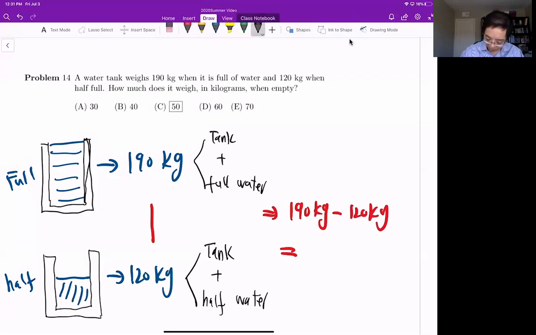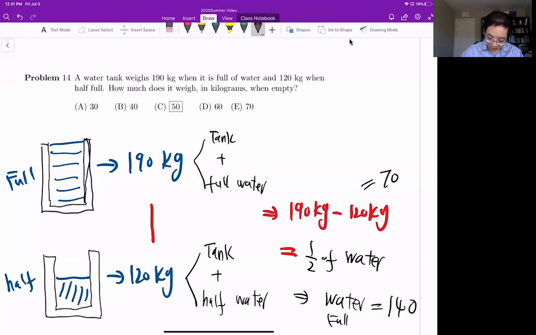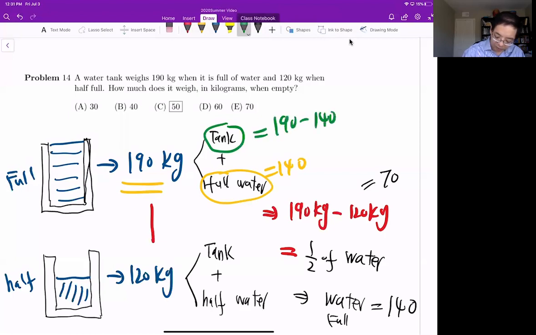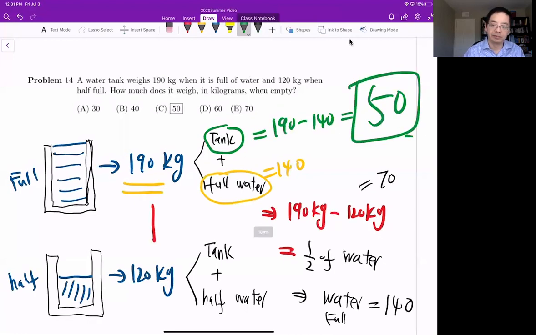So the weight of the full water is 140. This one is 140, and this is 190, so the tank is 190 minus 140, which is 50.